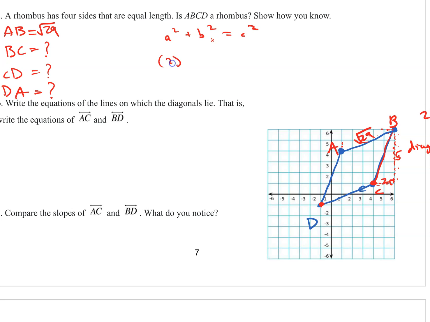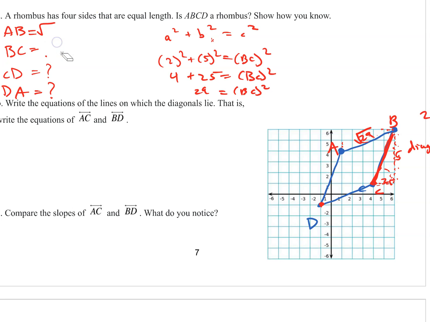So that's going to be 2 squared plus 5 squared equals, my hypotenuse is actually BC. Do you notice this is the same setup as last time? 4 plus 25, so that's 29. So BC, because it's the same setup, we're going to get the same answer.